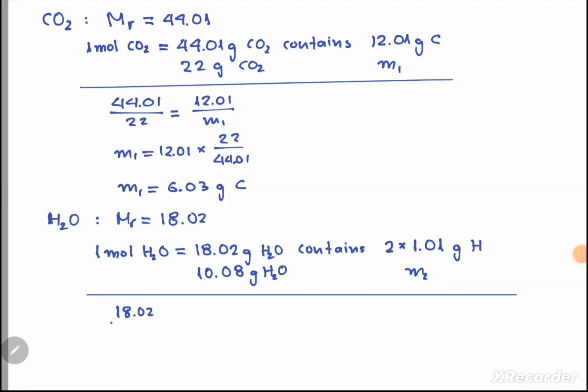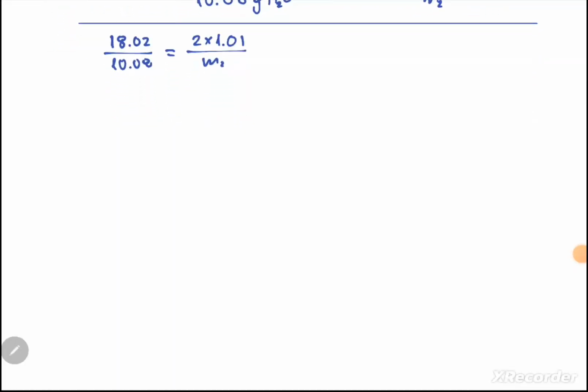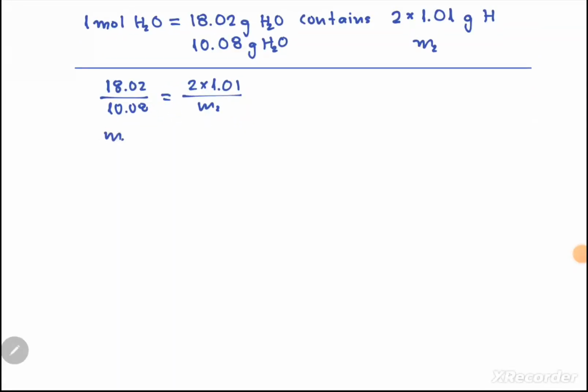So we have, and the result is 1.21 grams of hydrogen. So we have the amount of each element.